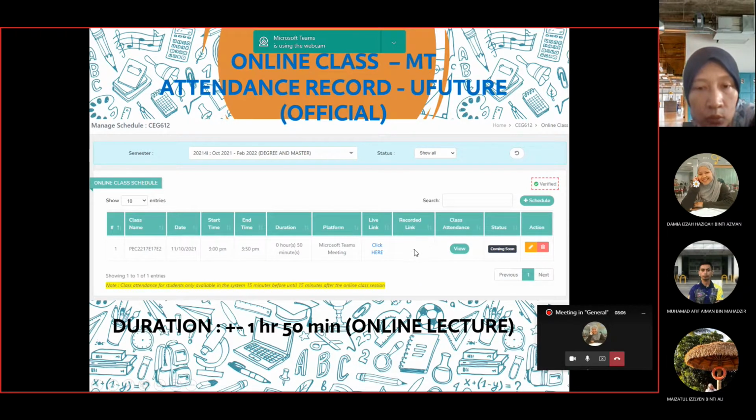You need to check in 15 minutes before class begins, 15 minutes after class begins, and 15 minutes before class ends. This is the indicator for me to check whether you reach 80% out of 100 attendance so that you can sit for the final exam, or if you have less than 80%, you are barred from attending the final exam assessment.